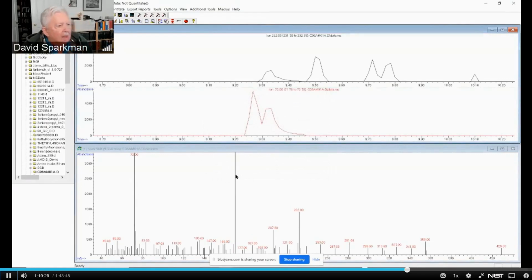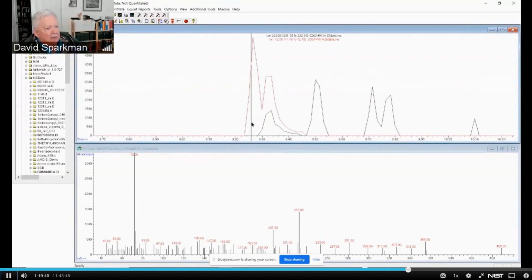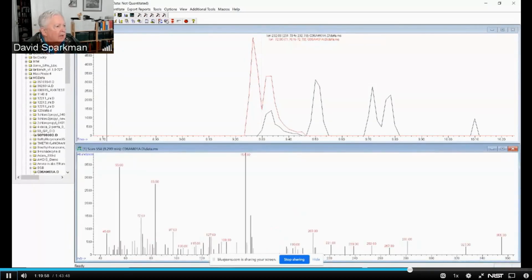All right. And what we see, let's overlay those two. And we see they overlay here. And this is the one that I'm going to take as a spectrum. And this is the one that I'm going to take the spectrum for the background. And then I'm going to do the subtract.